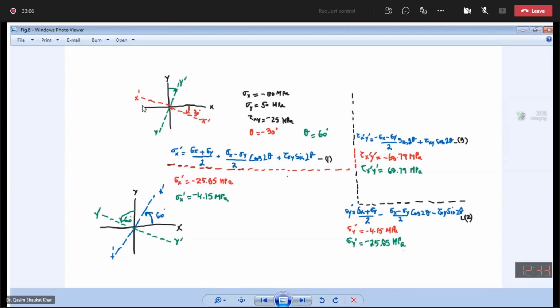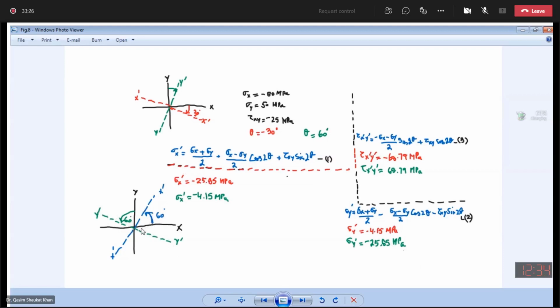Now similarly see this. Sigma x dash is minus 25.85 megapascal. Sigma y dash is minus 25.85 megapascal. If this is 60, this angle is 30.